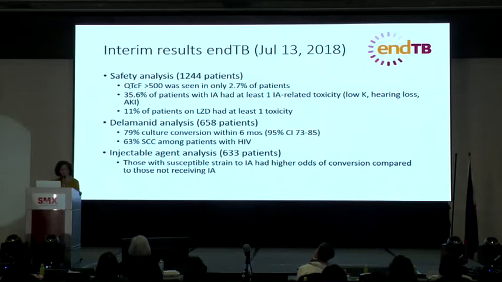The concern for the two new drugs, delamanid and bedaquiline, was the QTc prolongation, and their data showed that there was minimal QTc prolongation. But amongst patients given injectable agents, there was a high adverse event or injectable agent related toxicity, and 11% of those given linezolid had at least one toxicity.